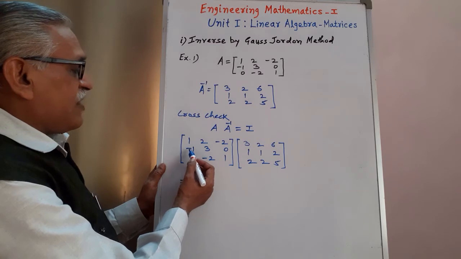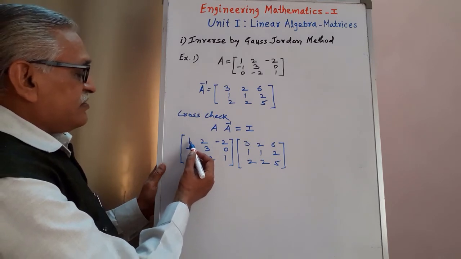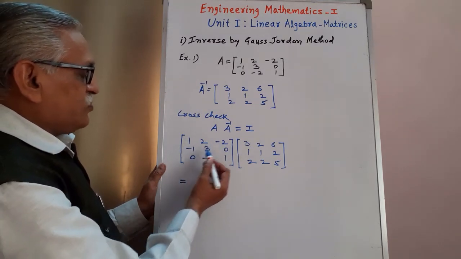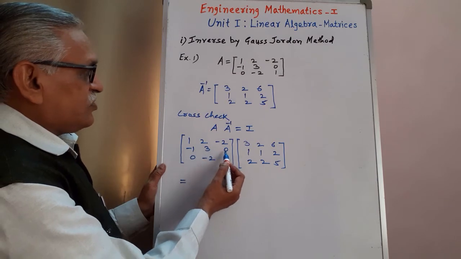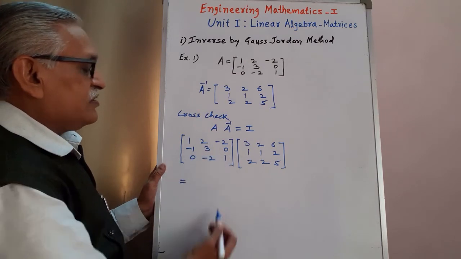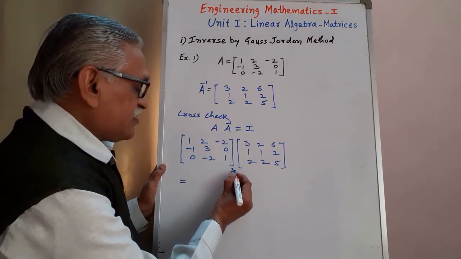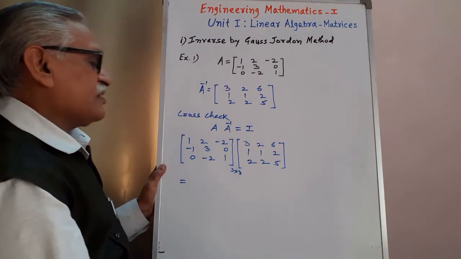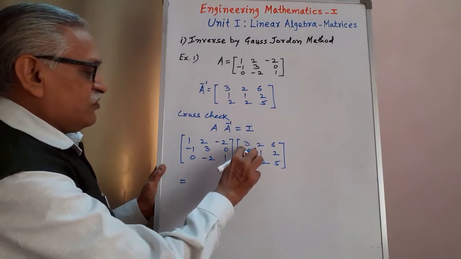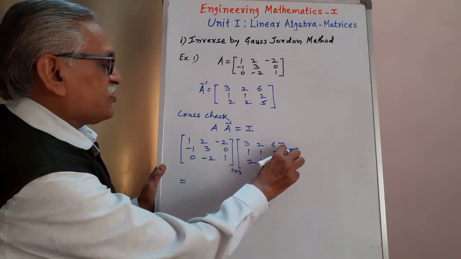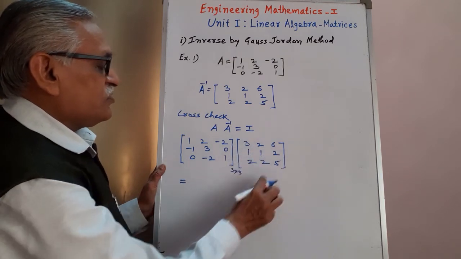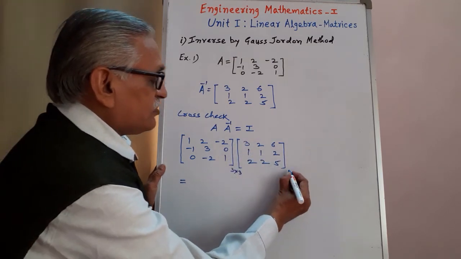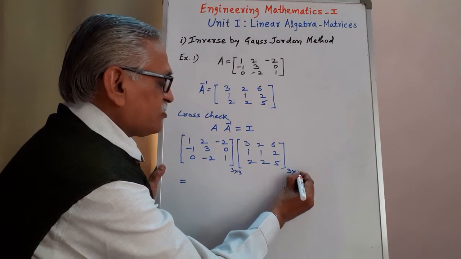Therefore, we put the value of matrix A here: 1 2 -2, -1 3 0, 0 -2 1. The order of this matrix is 3 by 3. The inverse matrix we have is 3 2 6, 1 1 2, 2 2 5. The order of this matrix is also 3 by 3.